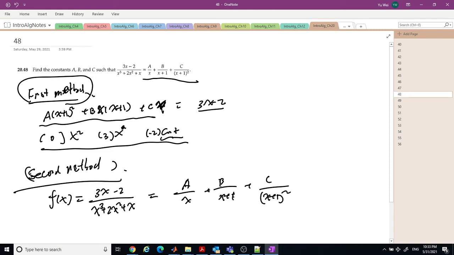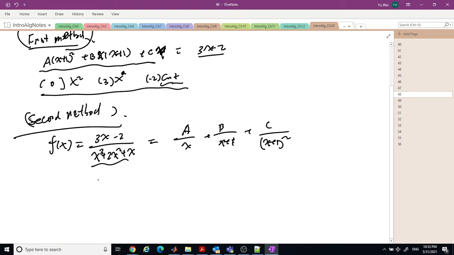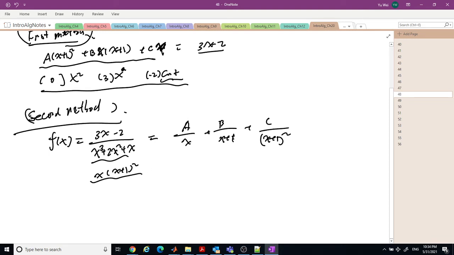So in this case the denominator can be written as x times (x plus 1) squared, right? So how do we calculate a? If we multiply x times f(x), on this side it will be a plus bx over (x plus 1) plus cx over (x plus 1) squared.